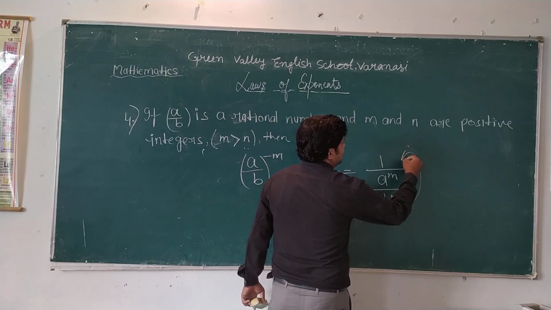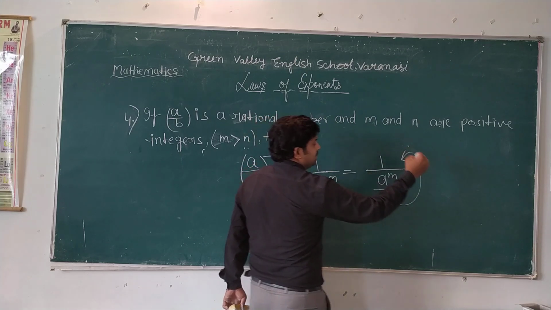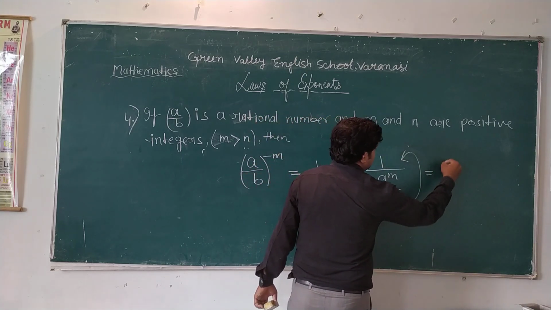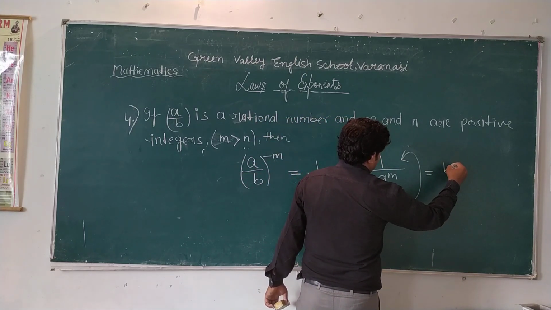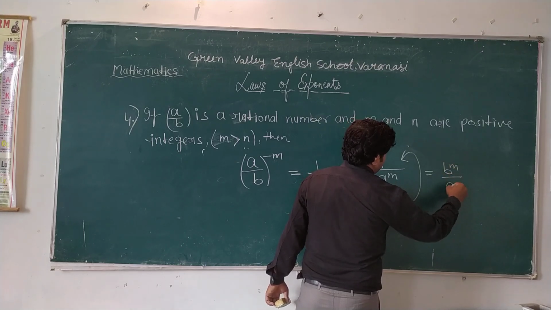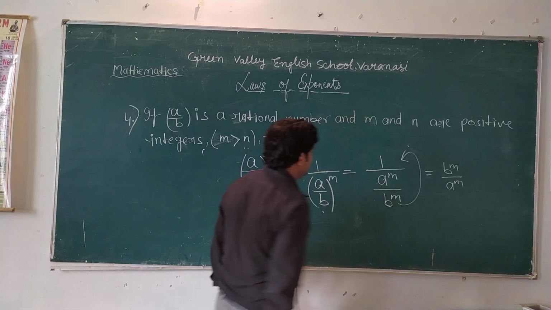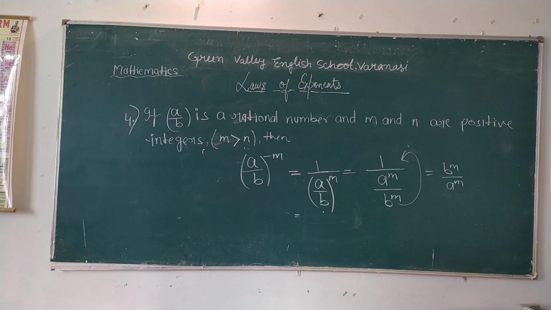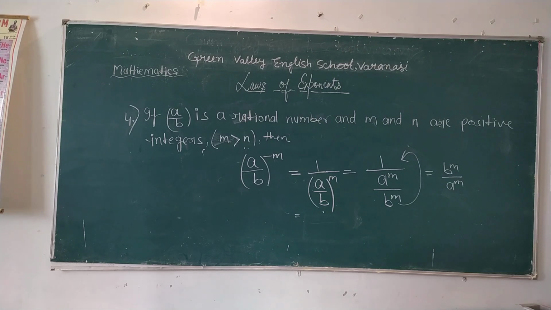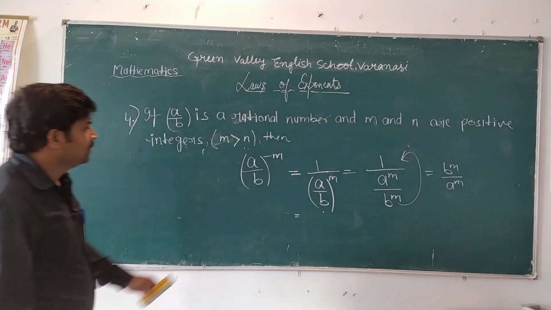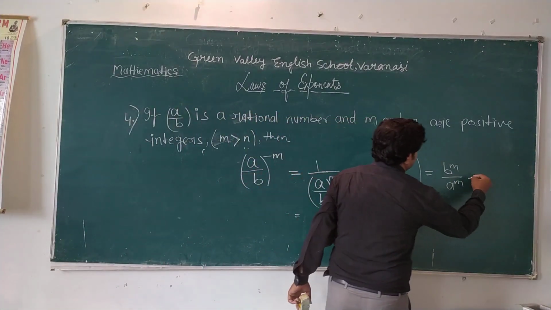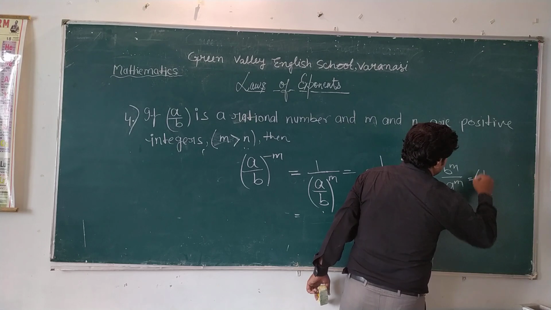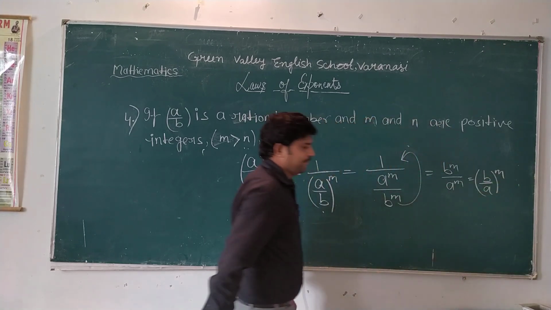Then b to the power m goes in multiplied by the first one, so b to the power m upon a to the power m, and therefore we can write (b upon a) whole to the power m.